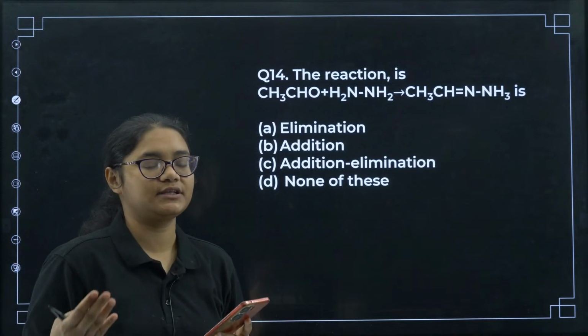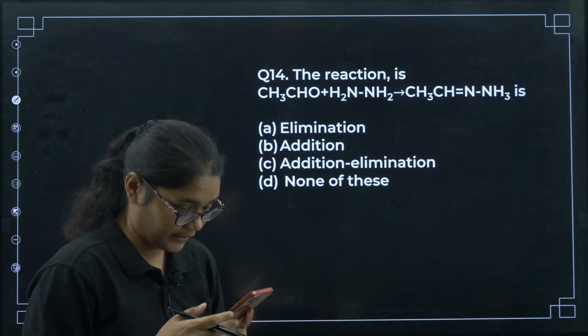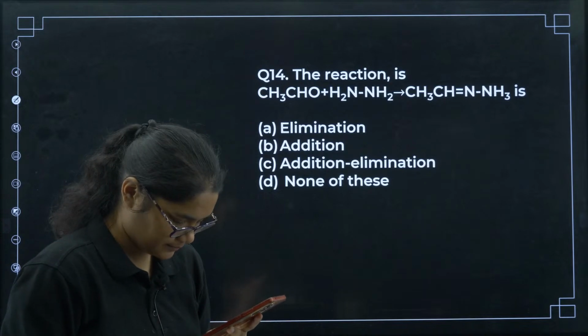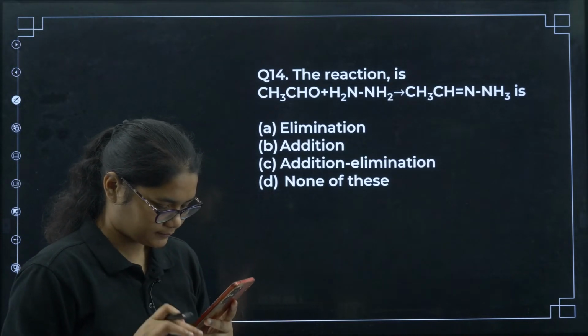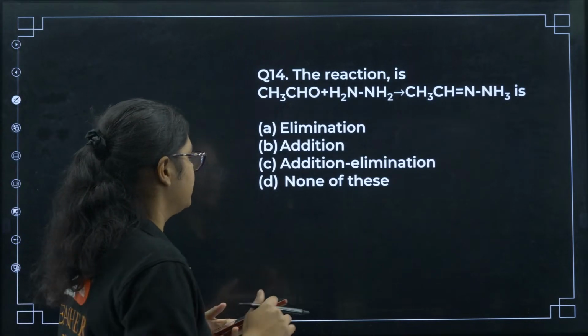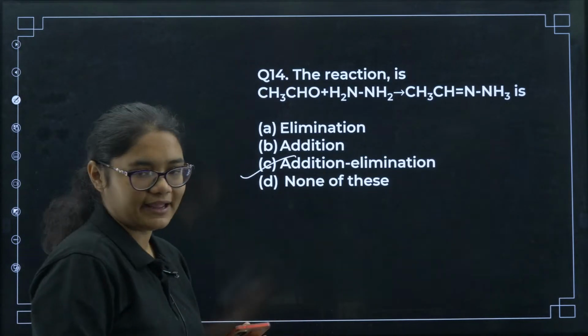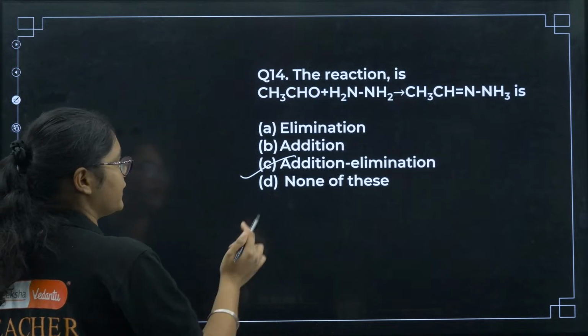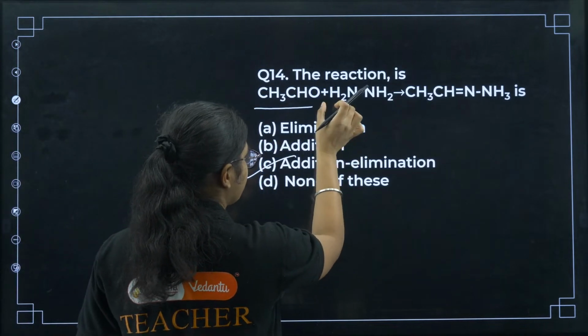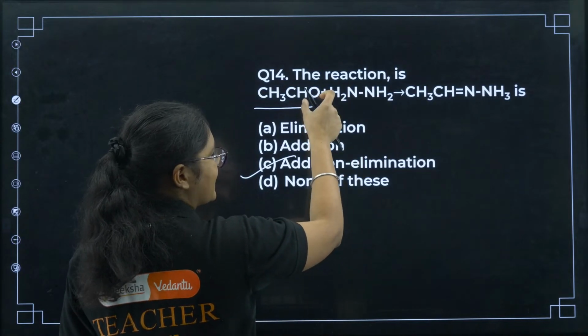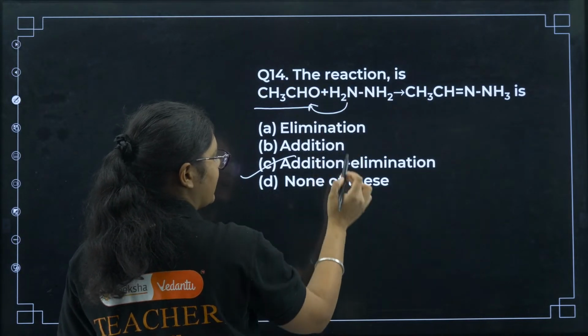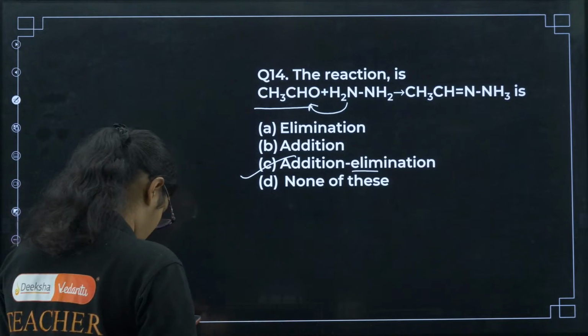Which type of reaction is this? Yes, addition elimination reaction is the correct answer here. You just take H2N, and water is your elimination. First this group gets added here, first there is addition and then there is elimination of water.